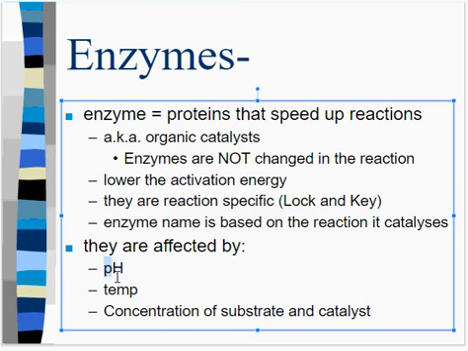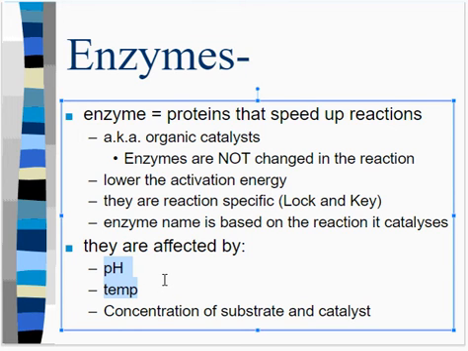Enzymes are typically affected by pH. If you change how acidic or basic an environment is, it can affect the activity of an enzyme. It can also be affected by the temperature. If you raise the temperature up too high, then the enzyme will change shape.